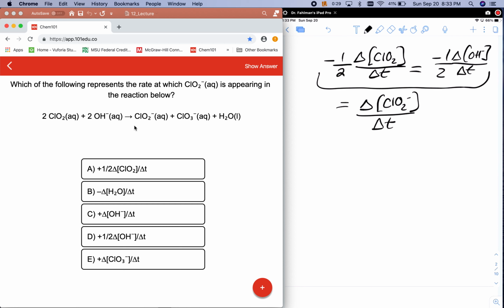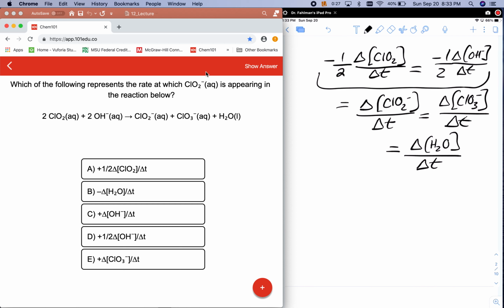All right, and you could say that's the same thing as the change in ClO3 minus with respect to time, or the change in water with respect to time, because they're all 1s in front of them, okay? And so now you're just really looking through this list and seeing which ones make sense, okay?